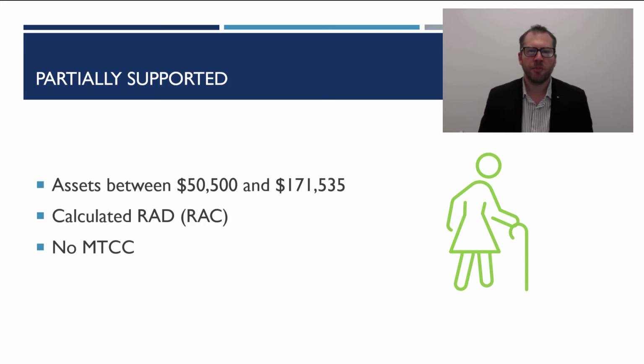Now, a partially supported resident will pay a calculated RAD, or what's referred to as a RAC. So it's a refundable accommodation contribution. This calculated amount is based on the resident's income and assets, and it is generally not as expensive as for a standard resident.